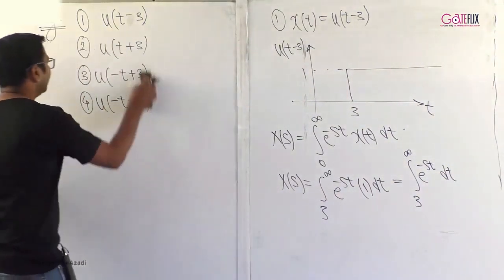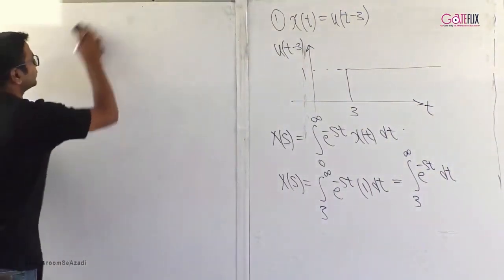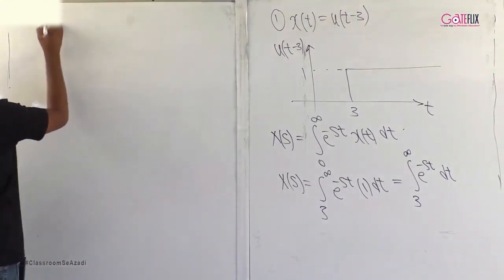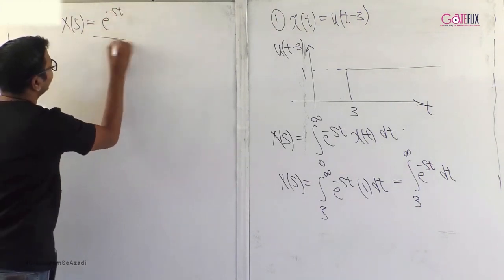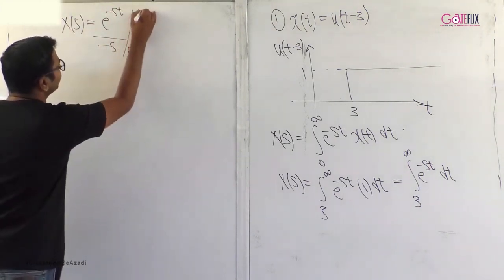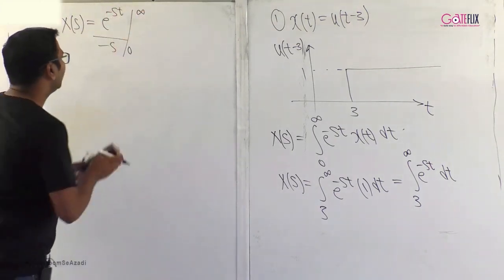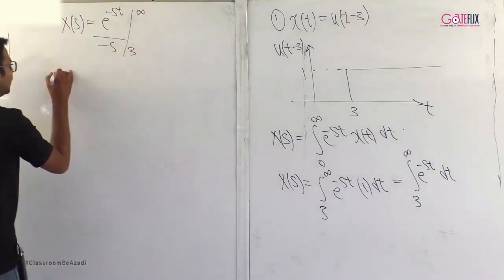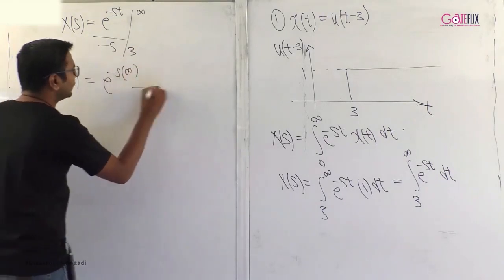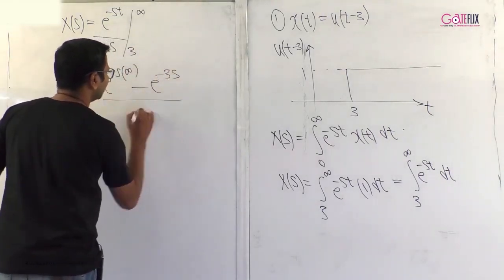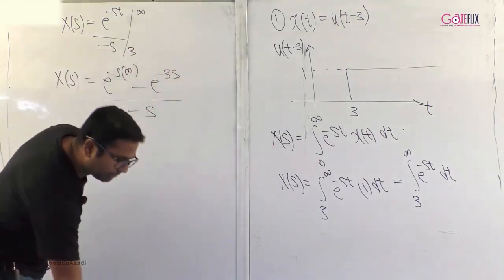The integration of e raised to minus st will be e raised to minus st divided by minus s within the limit 3 to infinity. Therefore, capital X of s will be e raised to minus s into infinity minus e raised to minus 3s divided by minus s.